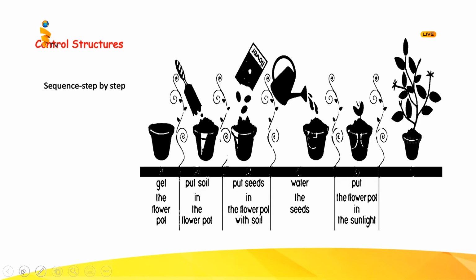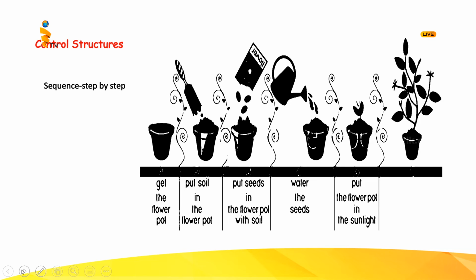Now look at the diagram. You can see there's a flower pot. You have to take a flower pot. Then you have to put some soil in the flower pot. You have to put some seeds into the soil, and you have to add some water. Then you have to keep it in the sunlight.